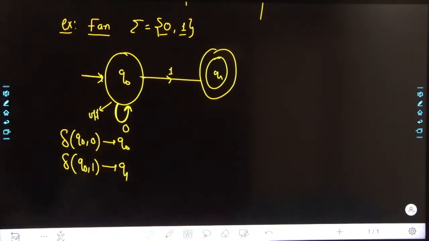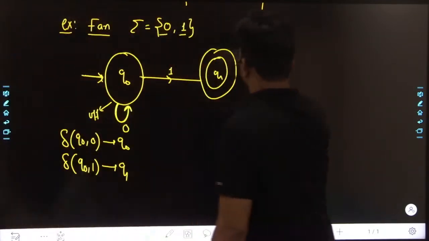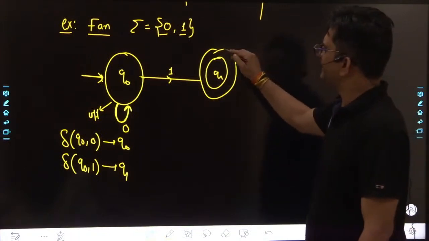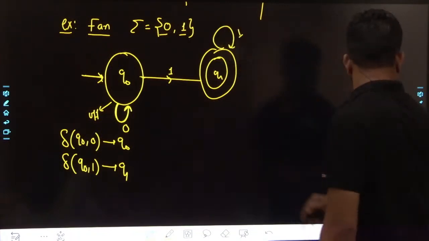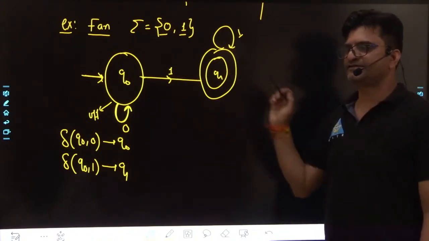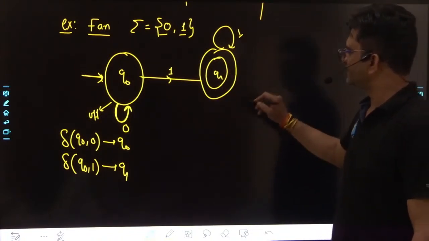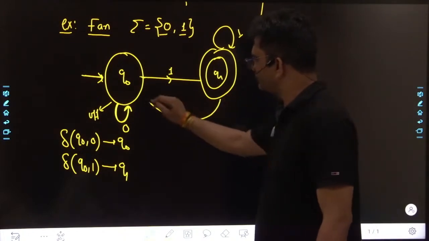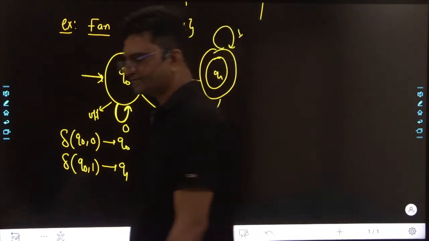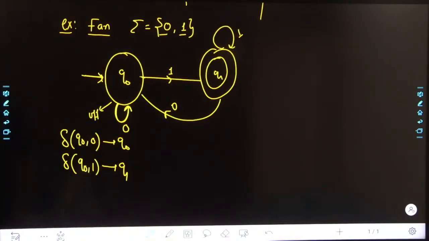Now, we are in the final state. Here, the fan is running. If I give input 1 to this state, then it will continue running. If I give input 0, then it goes to the off condition. See, is this a DFA or not?